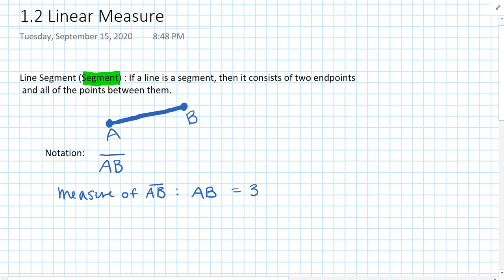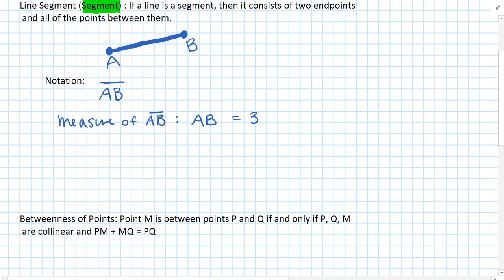So in general, when we're talking about this length or the measure of the segment, we just leave it in this form, and when we're talking about the segment itself, then we're going to have that straight line over the top of it, because it's finite and doesn't go on forever. Okay.